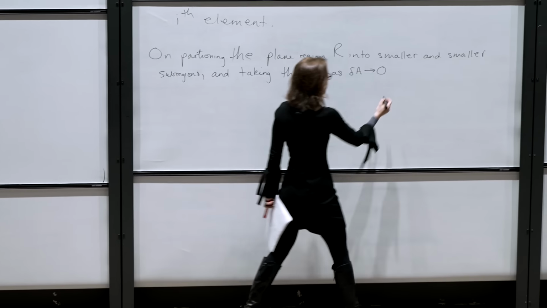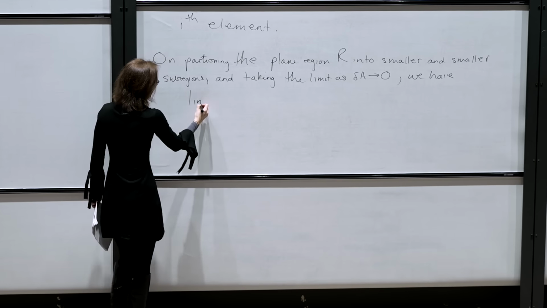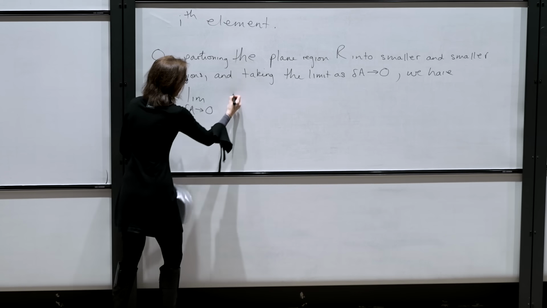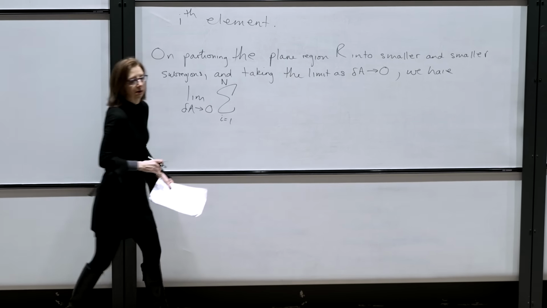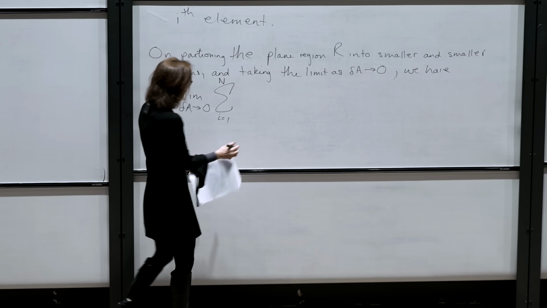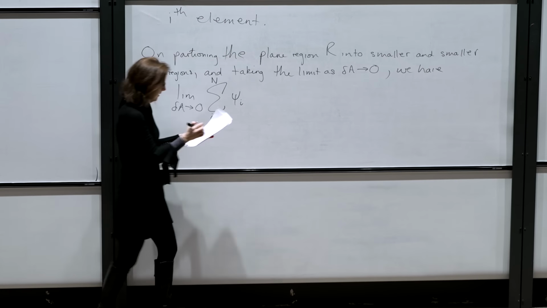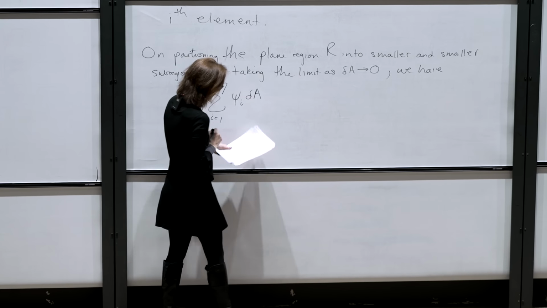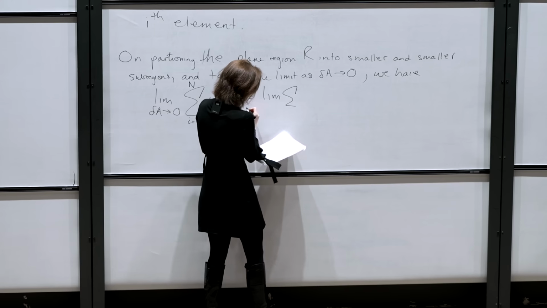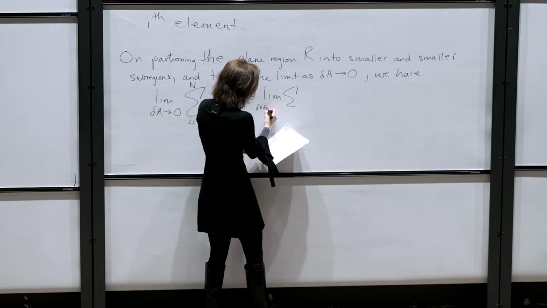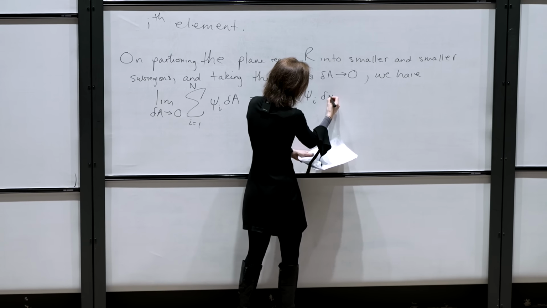So then we can define the double integral. So we have that the limit as delta A tends to 0 of the sum. So now I sum over, let's suppose there are n subregions. So I sum from i equals 1 to n the value of this scalar field at the centre of the subregion times delta A, which is the same as saying the limit as delta x, delta y tends to 0, sum from i equals 1 to n of psi_i delta x delta y.